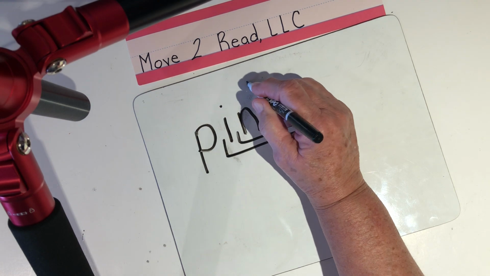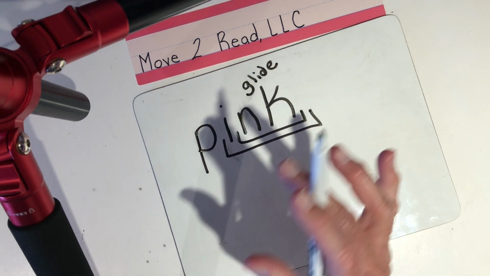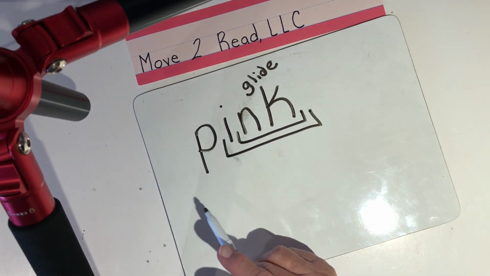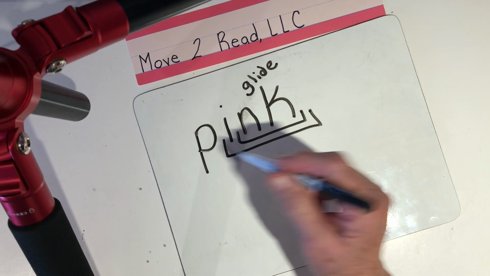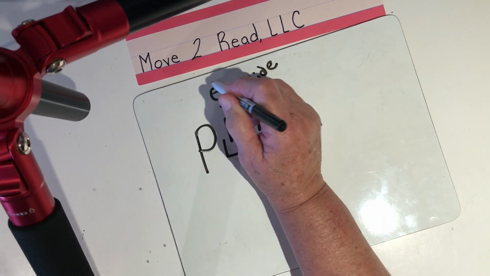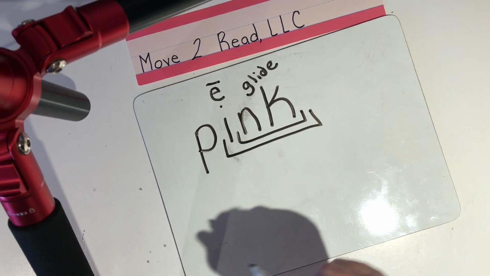And we're going to write glide up here, even though it's not an official 100% glide. But I want to keep it simple for you guys. I want to make sure that you understand that it's not the true N. And yet again, in America, most people do pronounce the I, not as an I, but more of a long E sound. So I would like you to mark it like that.